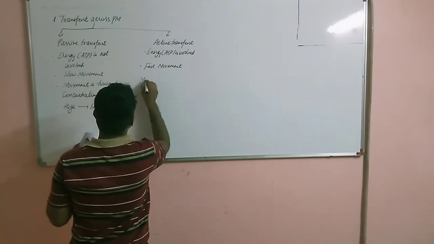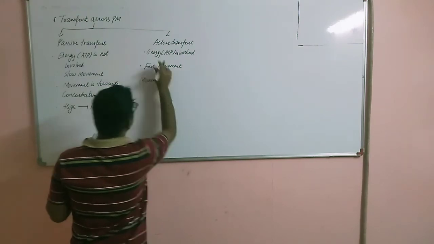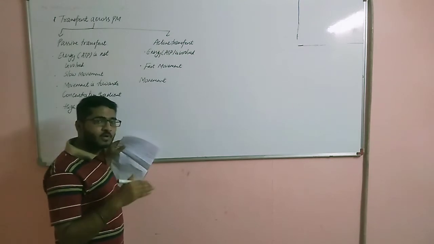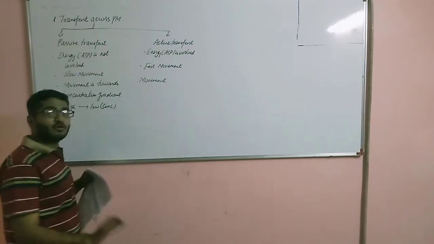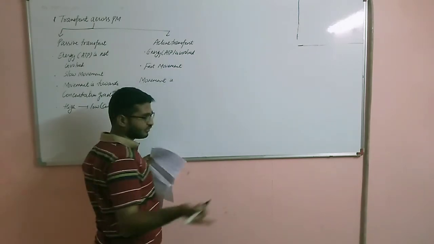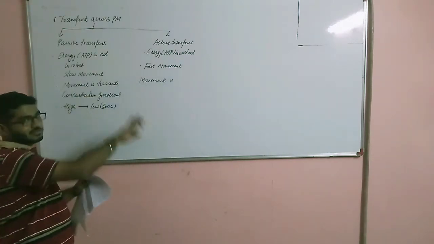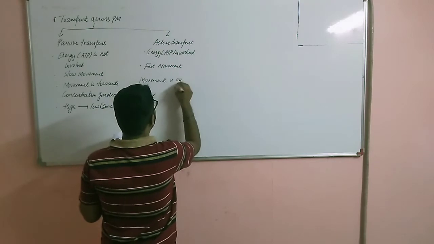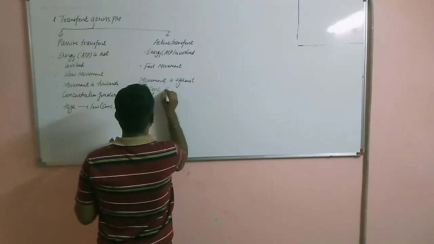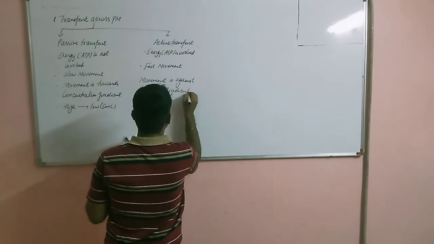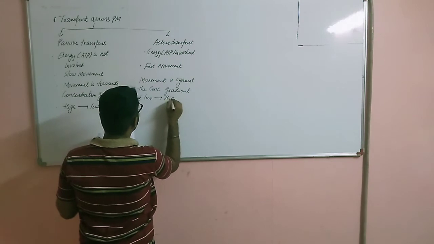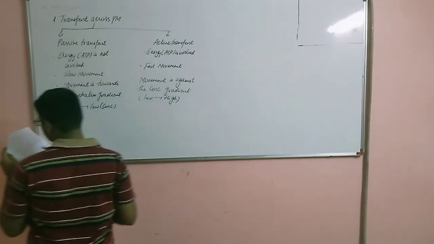In active transport, since energy in the form of ATP is required and utilized, movement can go from low concentration to high concentration. So movement is against the concentration gradient.